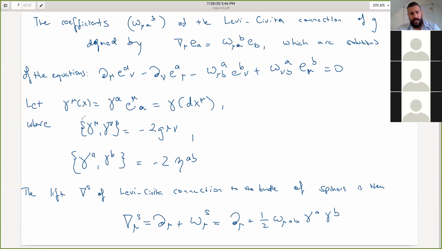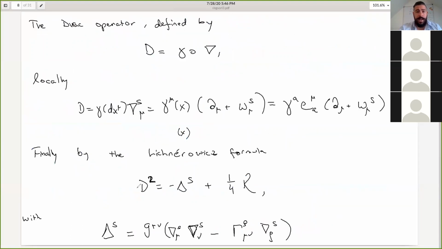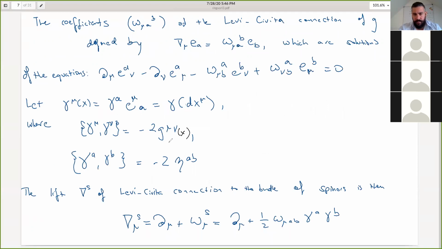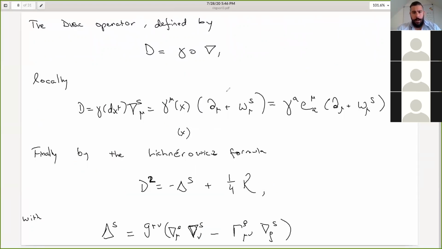Basically you have some gamma mu's, which in the anticommutator give you g mu nu of x, and you have a connection defined on that spinor bundle, and the Dirac operator is basically defined by gamma mu times d mu plus the connection, with these gammas fulfilling certain Clifford algebra relations. This is the most general Dirac operator you can write on such a Riemannian manifold.